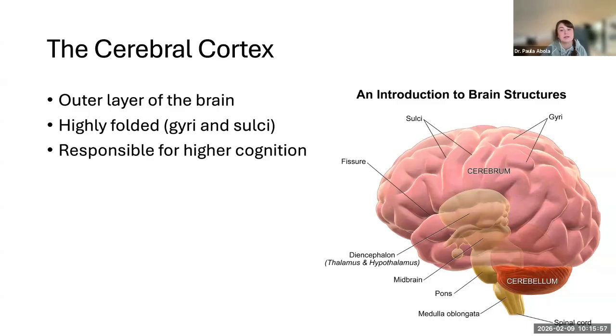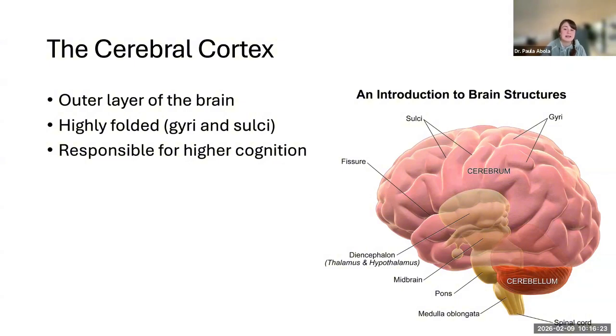Importantly, also to note that the cortex does not function as a single uniform structure. So different areas of the cortex are specialized for different types of processing, such as movement, sensation, vision, or language. And at the same time, these areas work together as part of broader networks, allowing information to be integrated across domains.